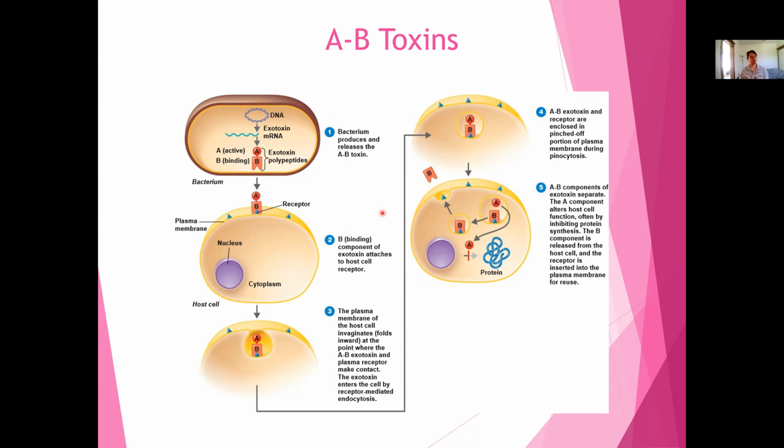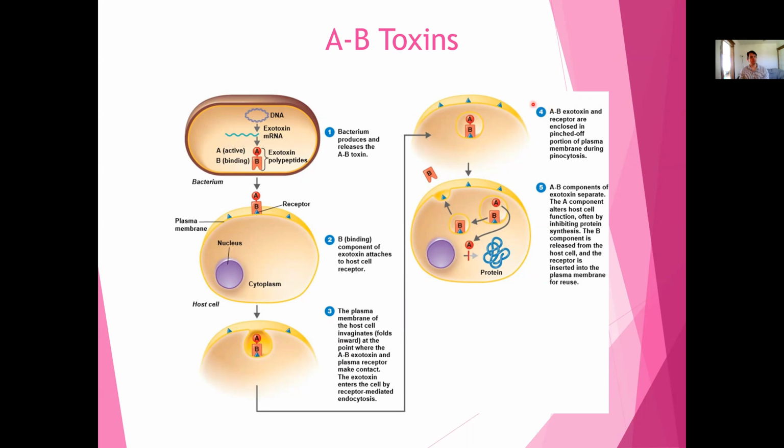The plasma membrane of the host cell invaginates, meaning it folds inwards. It's not illustrated very clearly here, but it essentially folds in at the point where the AB exotoxin and plasma receptor make contact, and the exotoxin then enters the cell by receptor-mediated endocytosis. You can see a very good example of that.